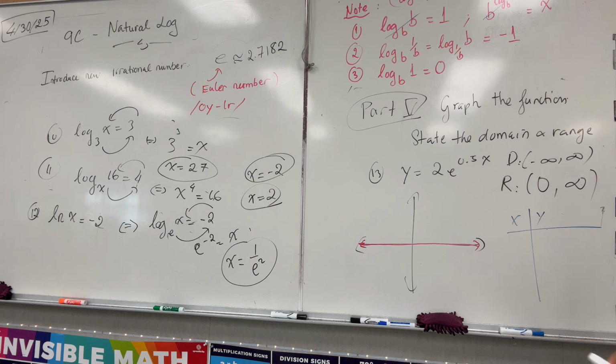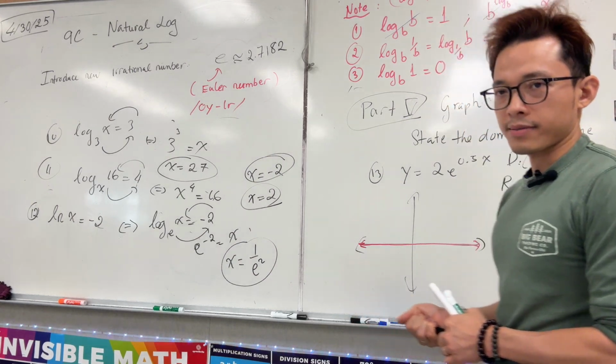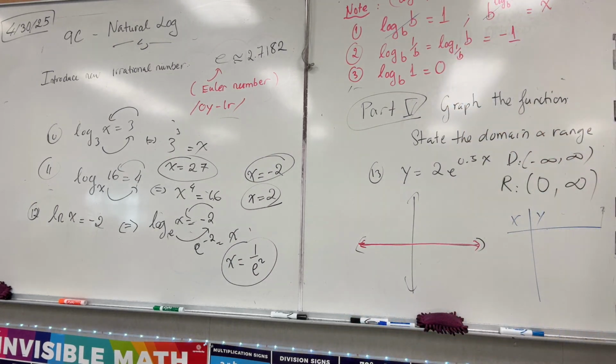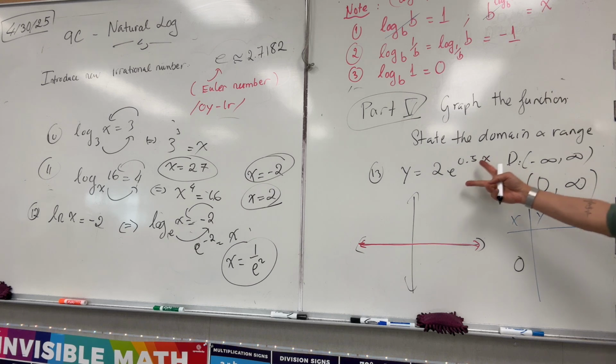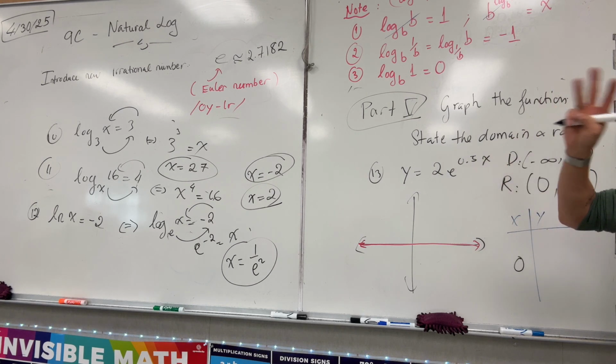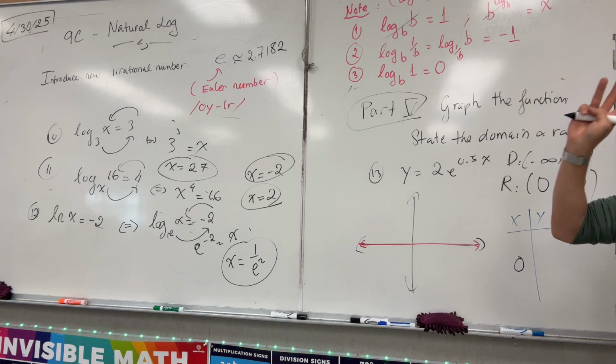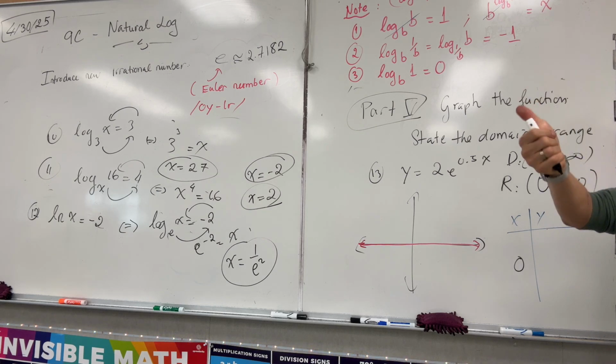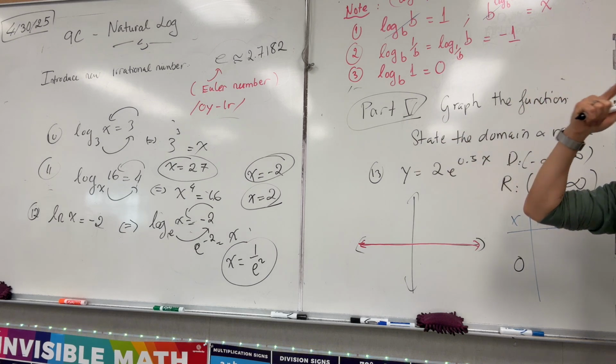What number? What number? 0? -1? You want to make this one become what three numbers from the last lesson? -1, 0, and 1.